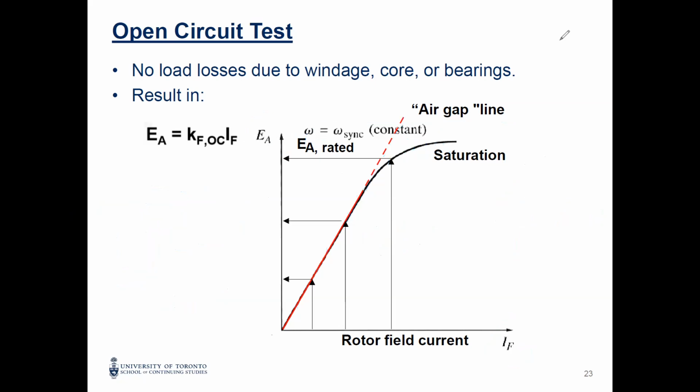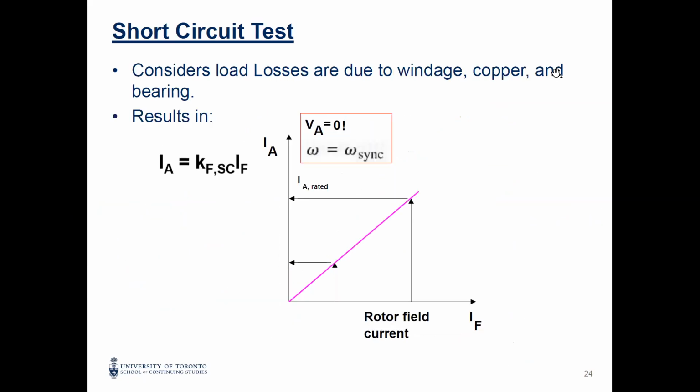The next one is the short circuit. So for the short circuit, what we do, similar to what we did for the open circuit, we are going to change the field, whether by the DC or the resistance here. You have your synchronous machine, the armature.